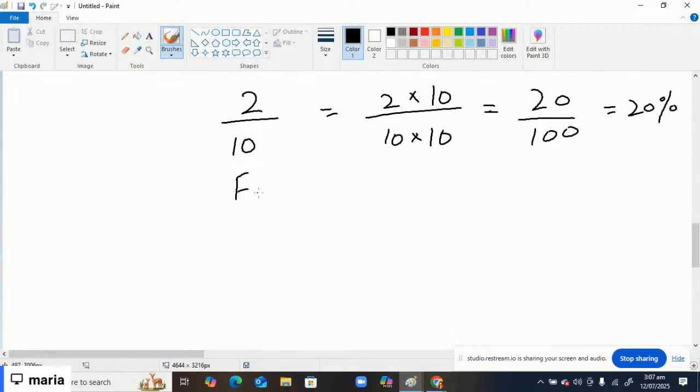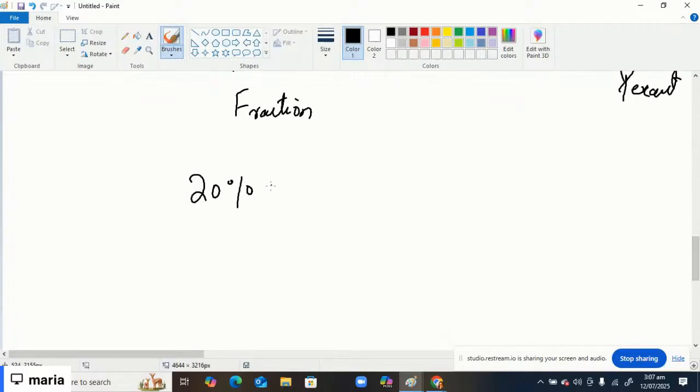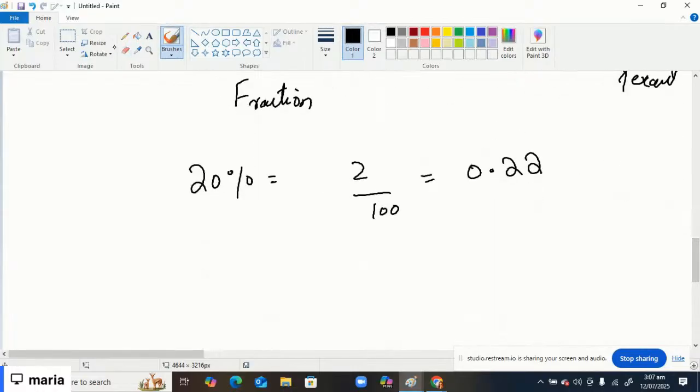So this fraction can be changed into a percent. Now this percent can be changed into a decimal. Sorry, it's 20, I put 22 by mistake. This is 20 by 100 and this is 0.20, which is the form of decimals. Hope you guys understand this one.